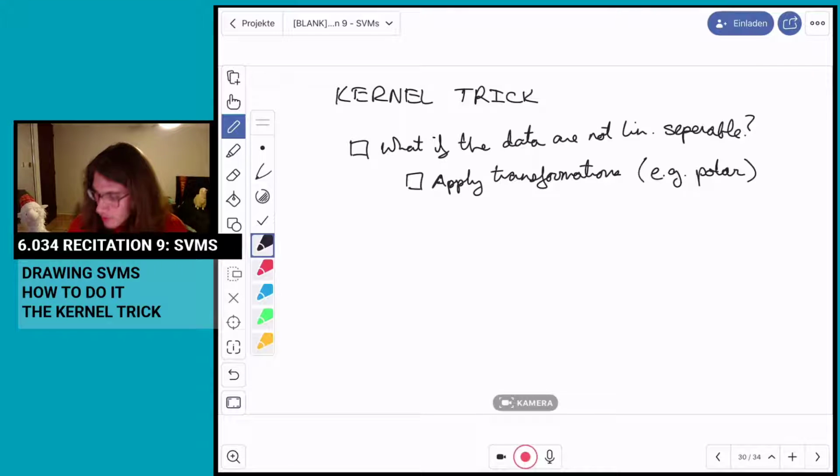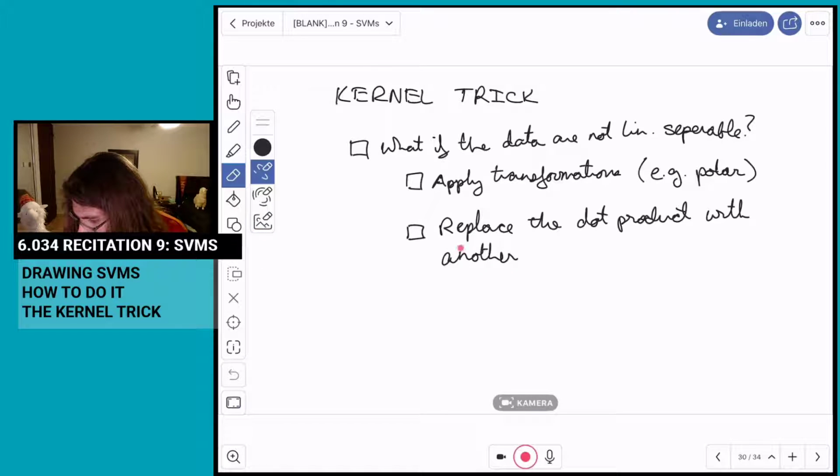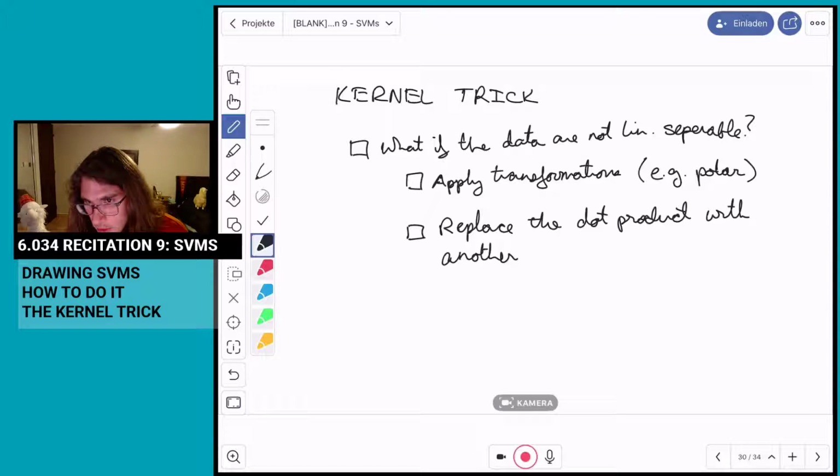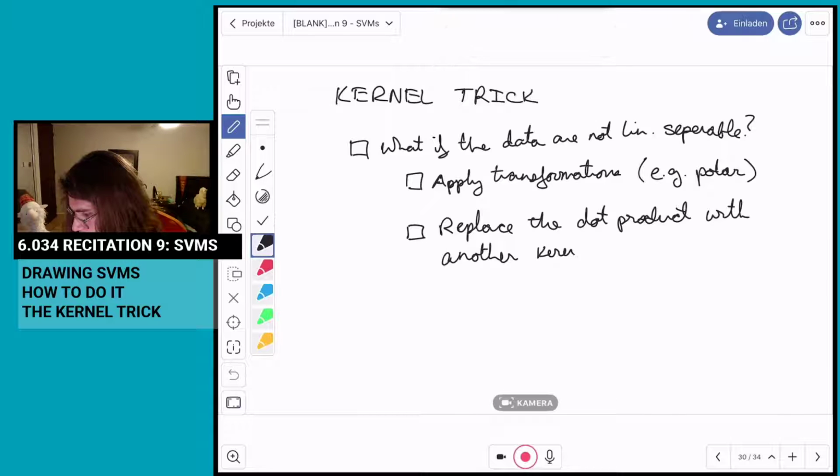The other thing that we can do is we can replace the dot product with another kernel, another function that transforms the space.